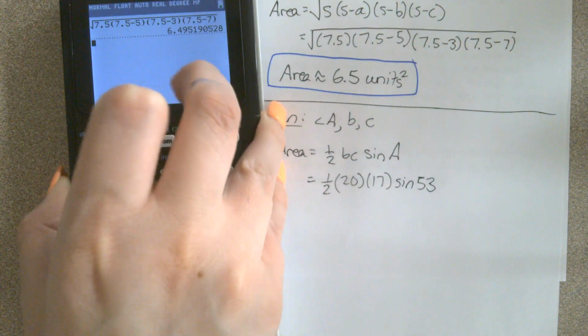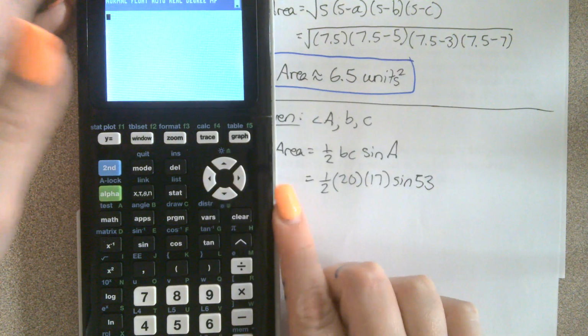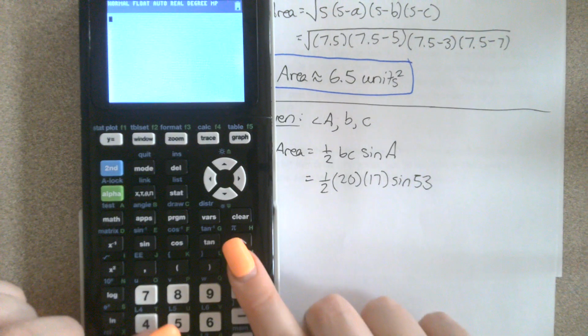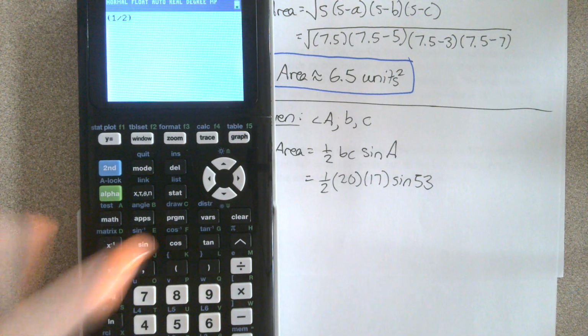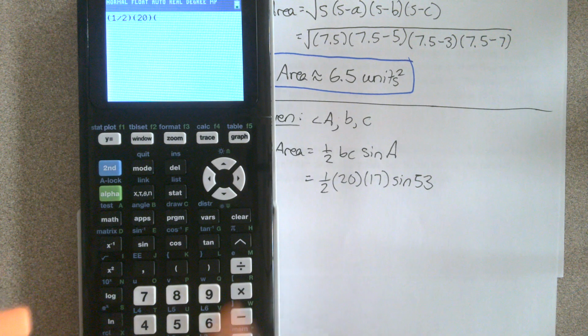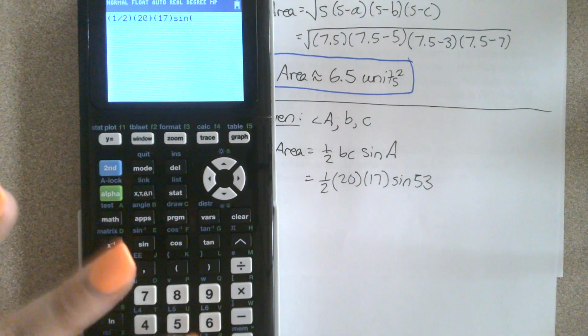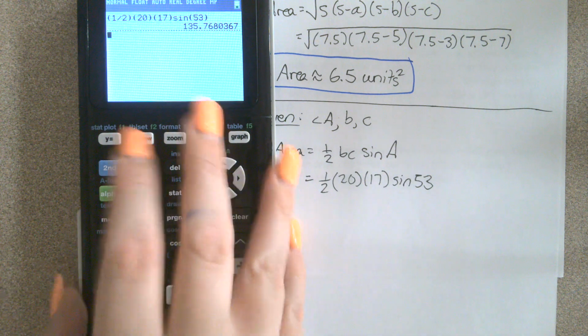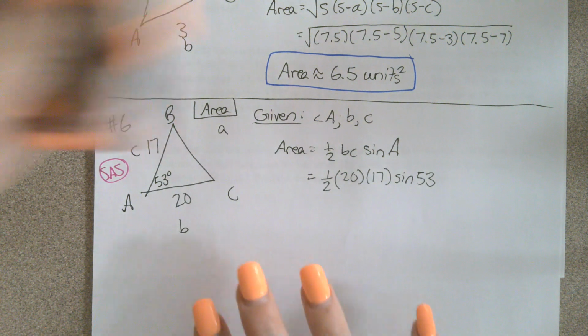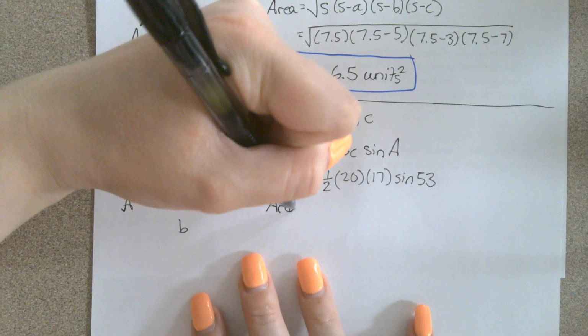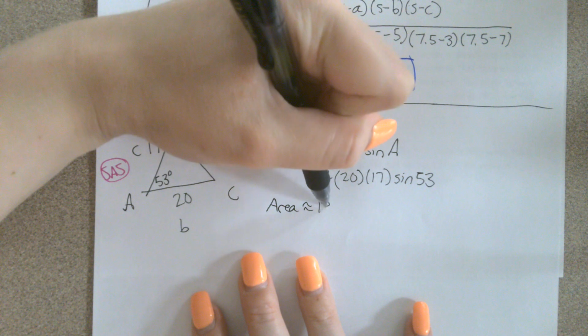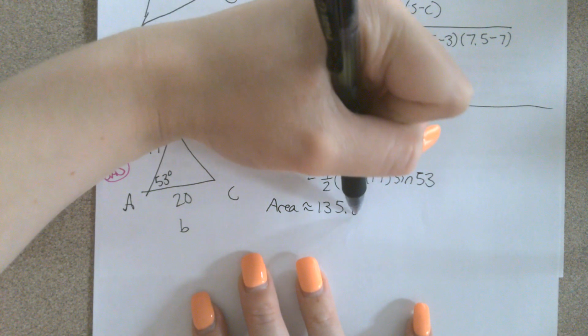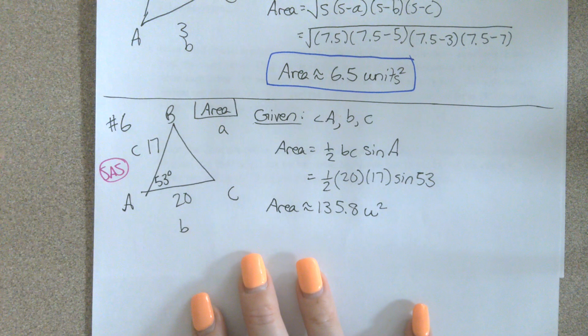Calculator to get our answer. 135.8 is our area. And then you can just abbreviate it to U squared if you prefer.